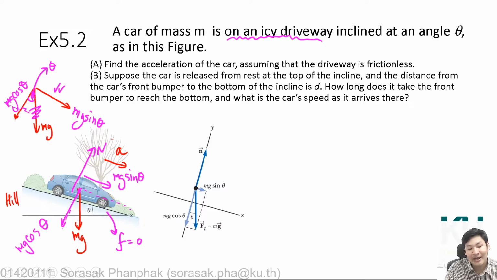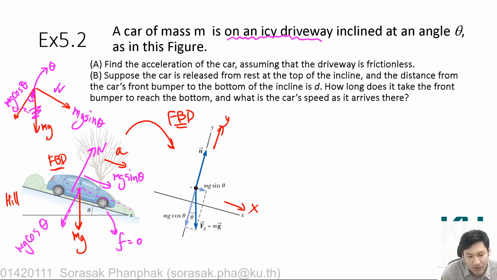So you can redefine the axis. From this part of the system, you can look at the free body diagram and redraw it. Now you redefine your y-axis perpendicular to the inclined plane, and you have the x-axis parallel to the incline of this slope. Now you can make what I'm drawing here as my free body diagram, treating the car like a point particle.